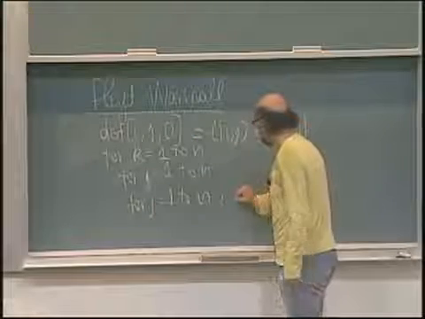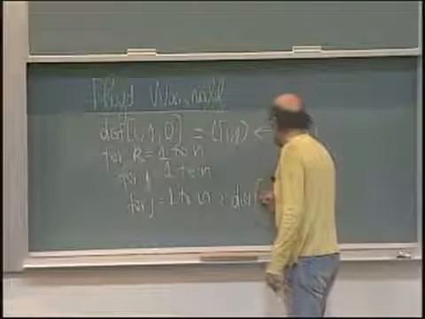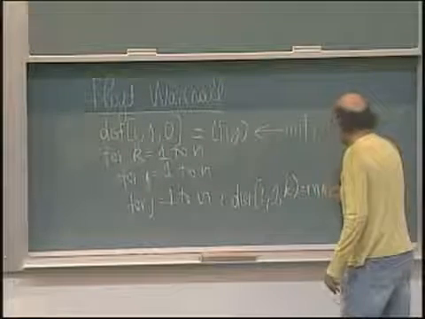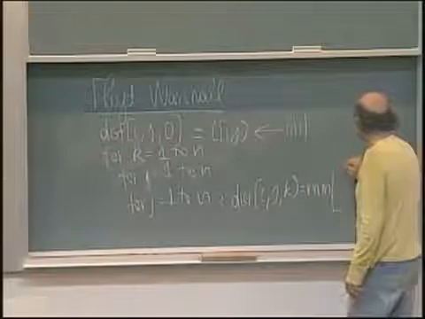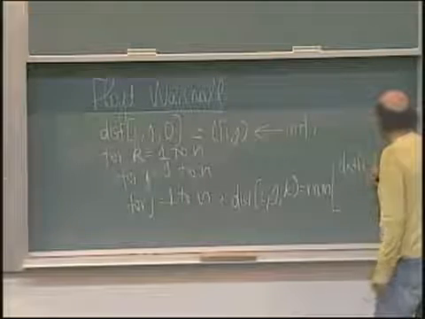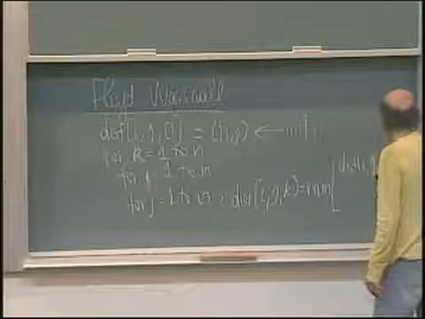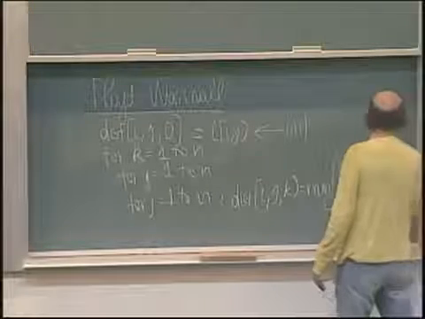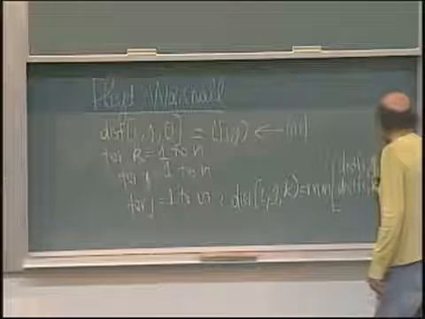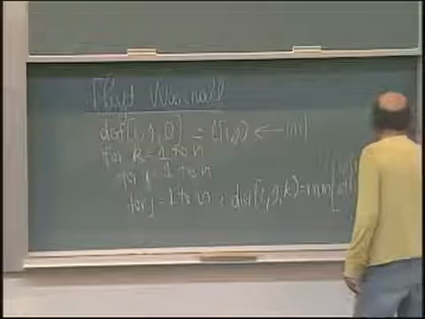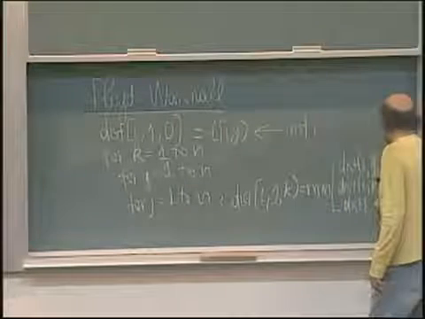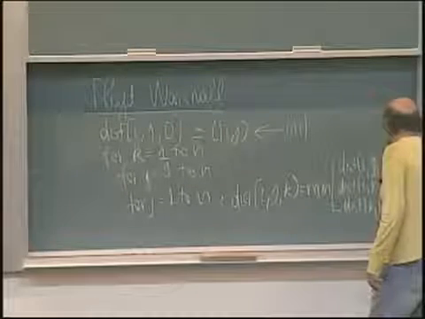That distance of i, j, k is the minimum of two things: distance of i, j, k minus 1, comma, distance of i, k, k minus 1, plus distance of k, j, k minus 1.